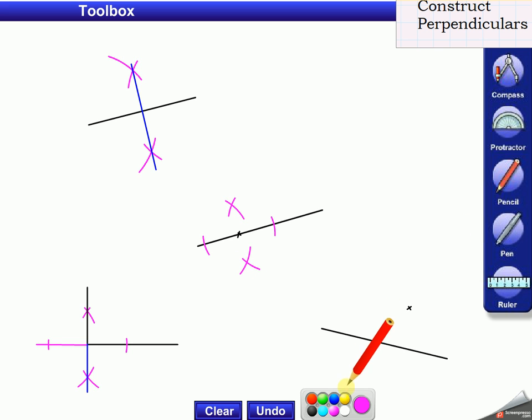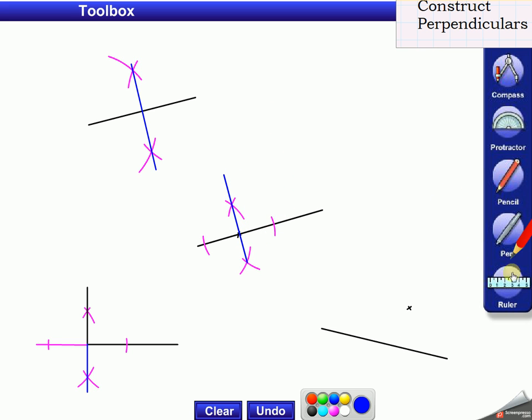Draw my line, going through all 3 points, hopefully. That's slightly off to one side, it's not right. So let's take it through that point, through the others, and there's my line.